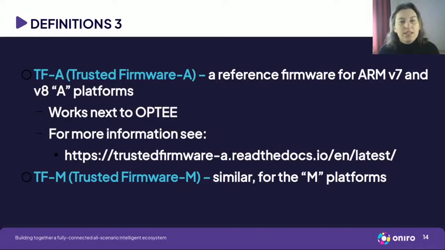In this case, we have TF-A, which is a reference firmware for the ARM v7 and v8 platforms, A type. And it's working next to OP-TEE. It's not replacing it or any other TEE that you may implement. It's working next to the TEE.